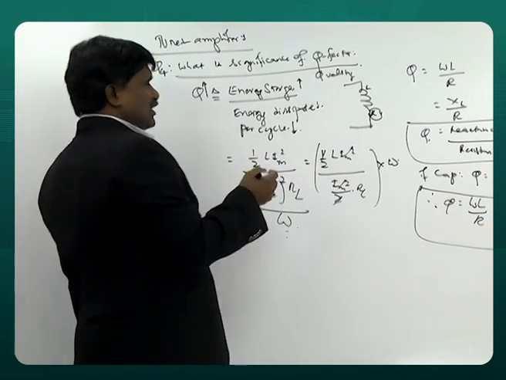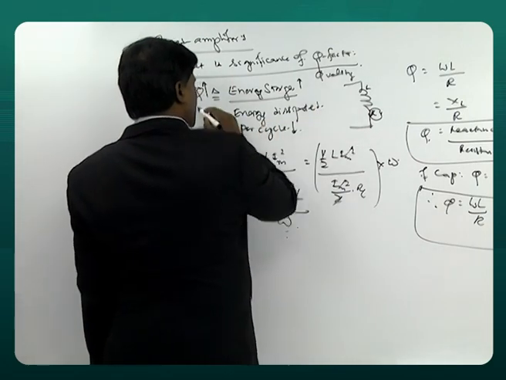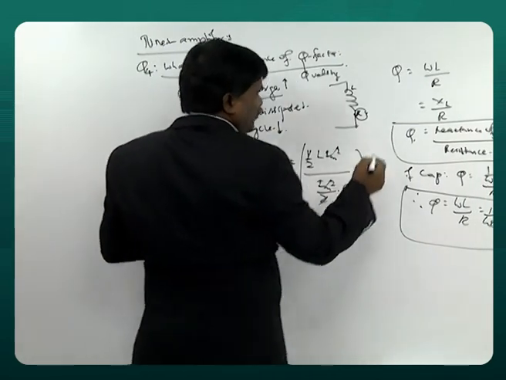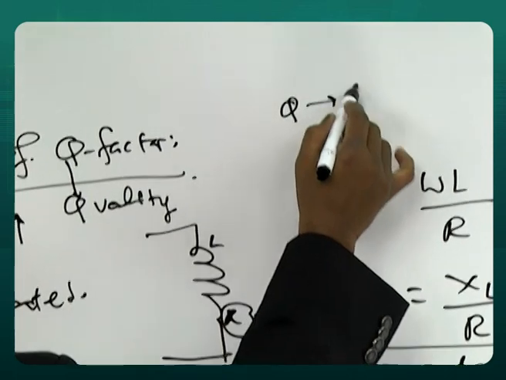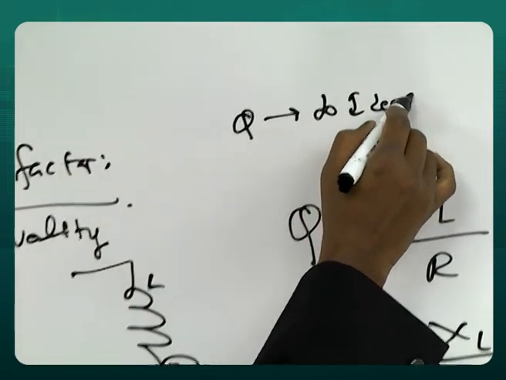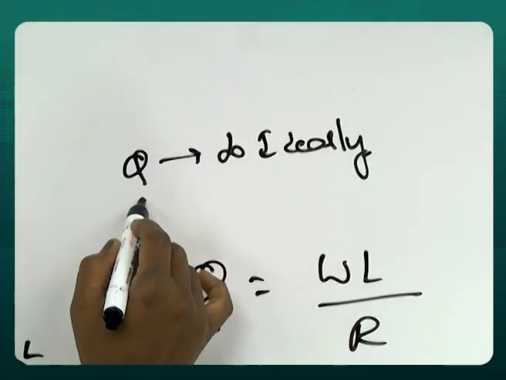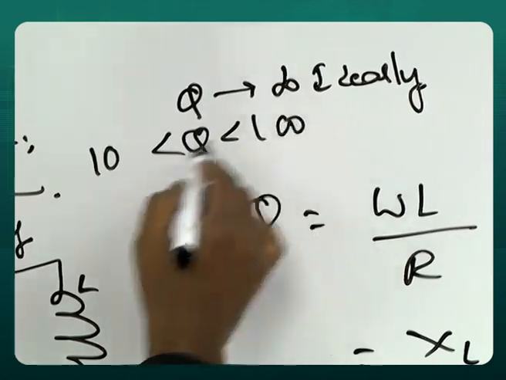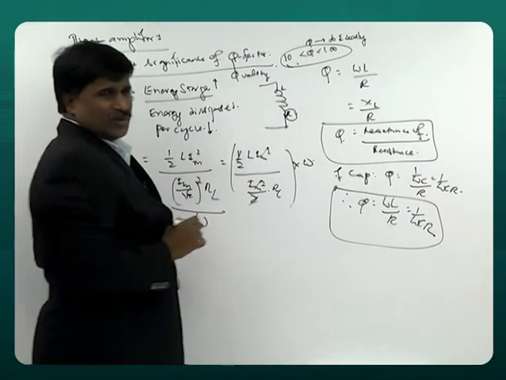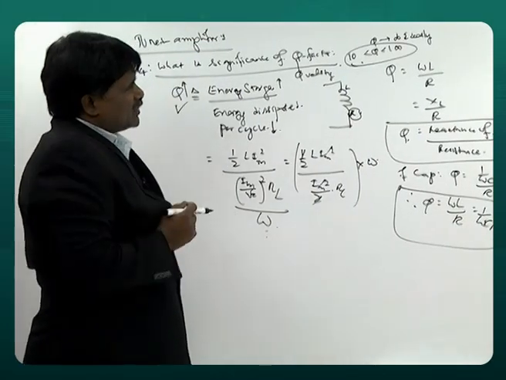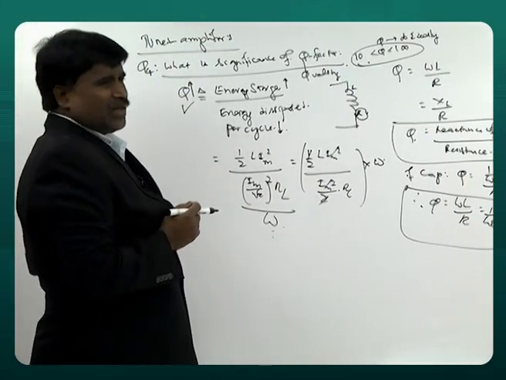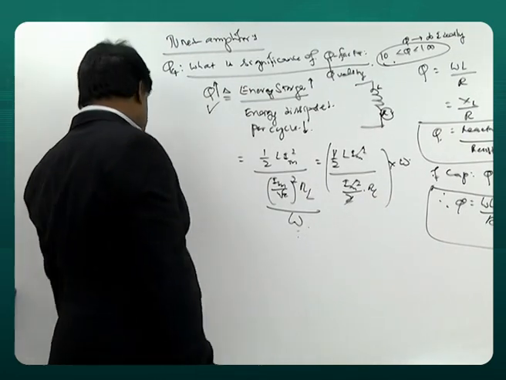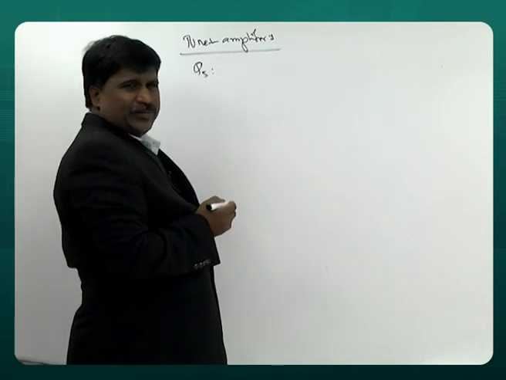If R is small, dissipation is small, that's the best coil. So the value of quality factor should be infinity ideally, but practically more than 10, less than 100. One of the greatest consideration and a constraint is 10 to 100. Greatest constraint is that.